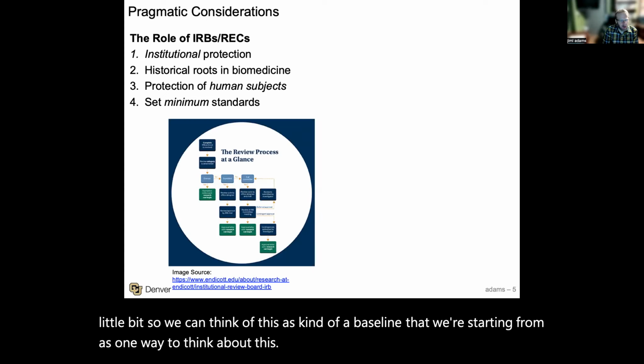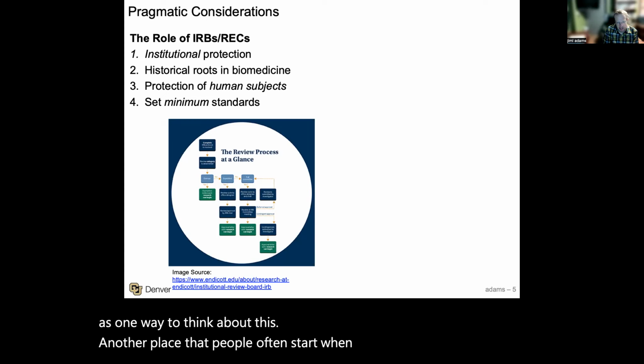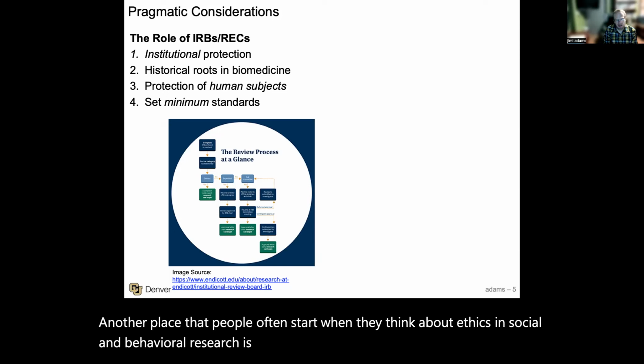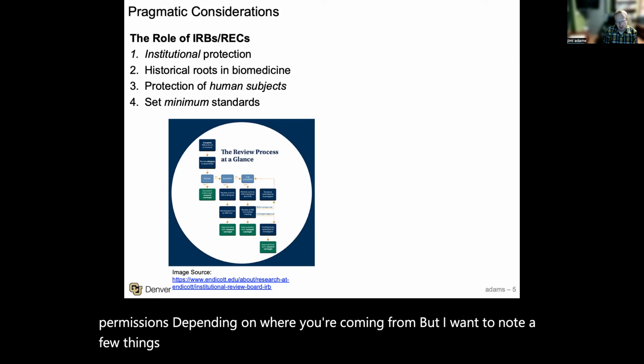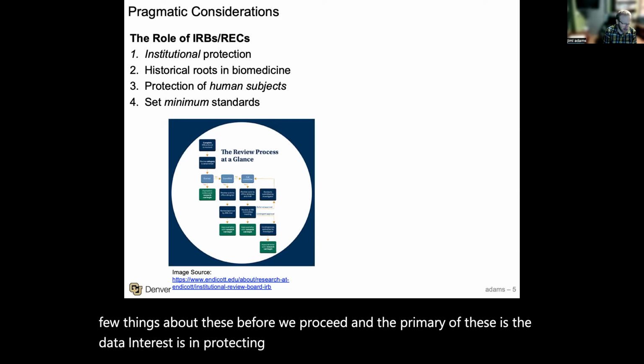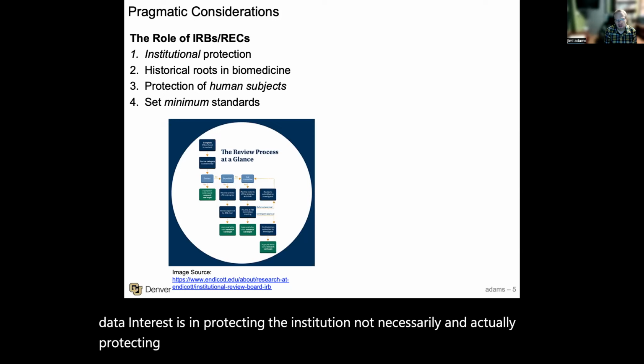Another place that people often start when they think about ethics in social and behavioral research is our experiences with institutional review boards or review commissions, depending on where you're coming from. But I want to note a few things about these before we proceed. The primary of these is that their interest is in protecting the institution, not necessarily in actually protecting human subjects.